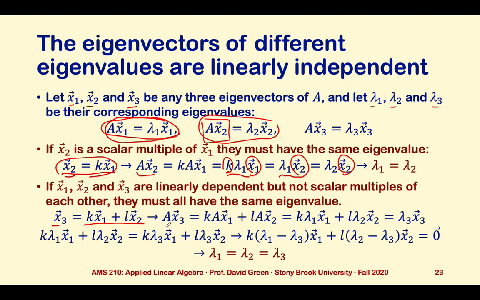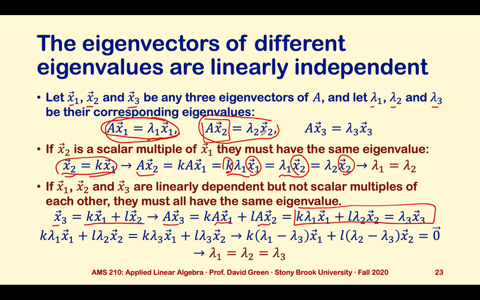We begin with A x3, and again substitute x3 with this linear combination. This gives us k A x1 plus l A x2. The same way, A x1 becomes lambda 1 x1, and A x2 becomes lambda 2 x2, and we have this relationship that can be written here.